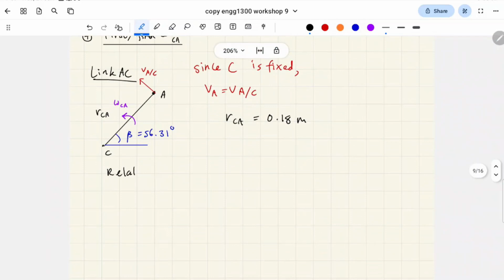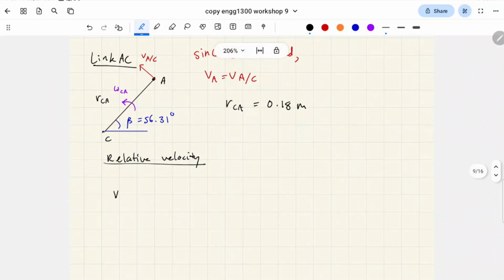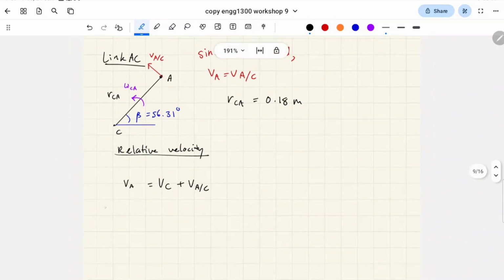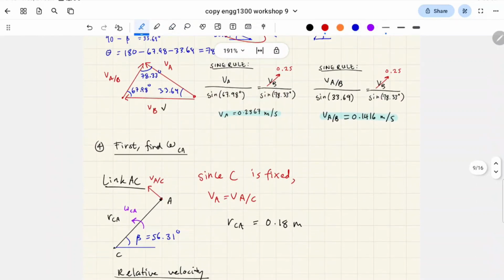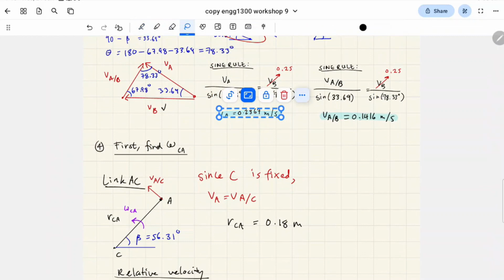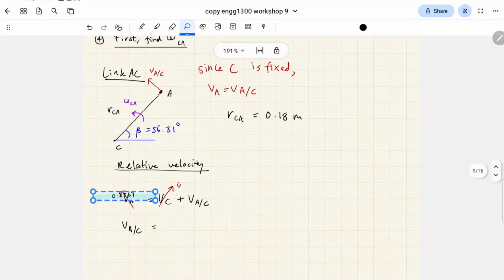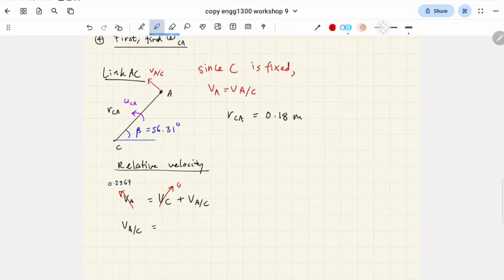So if we look at the relative velocity, plug in that formula, it's this one. VAC, this one doesn't move. And we found VA from the step, right? VAC is just 0.2367 meters per second.